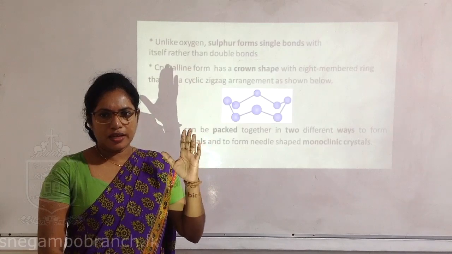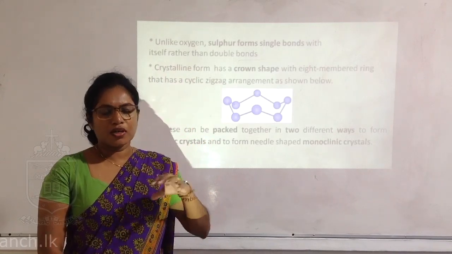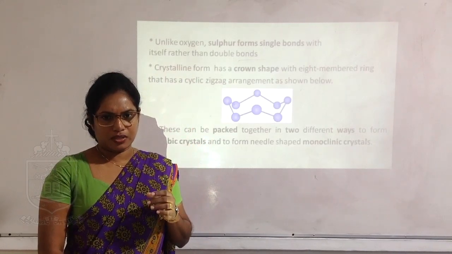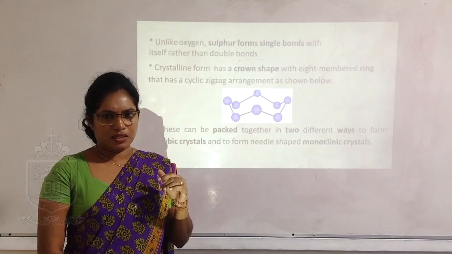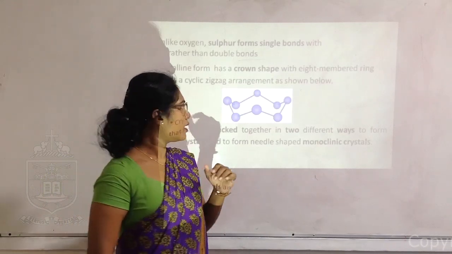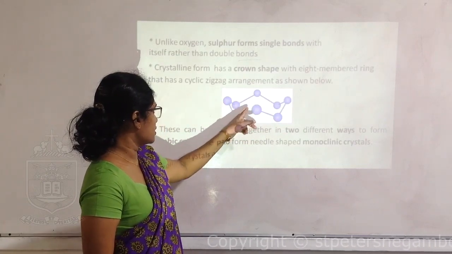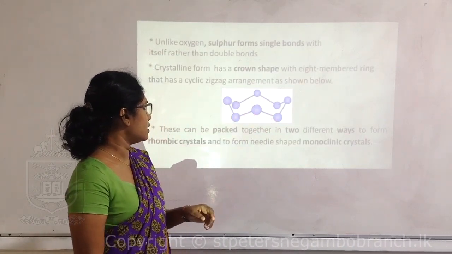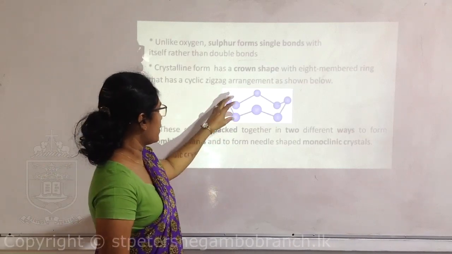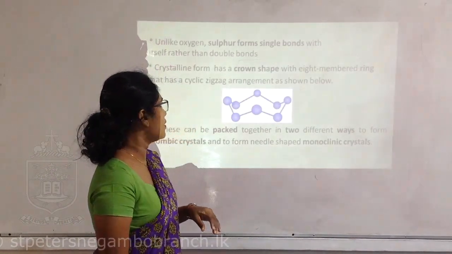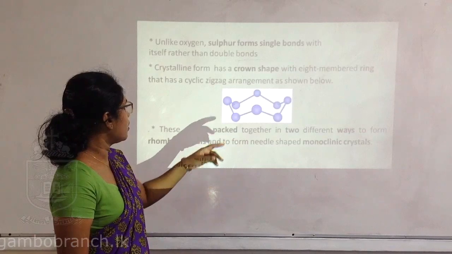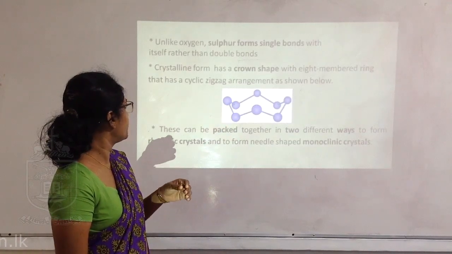It consists of 8 sulfur atoms, and it is a cyclic zigzag arrangement. As I show you here, it is a cyclic zigzag arrangement. It consists of 8 sulfur atoms, and we call this the crown shape.